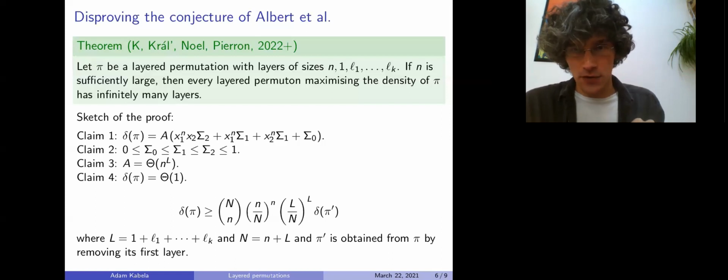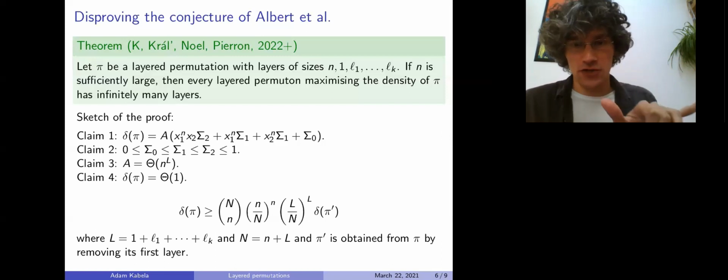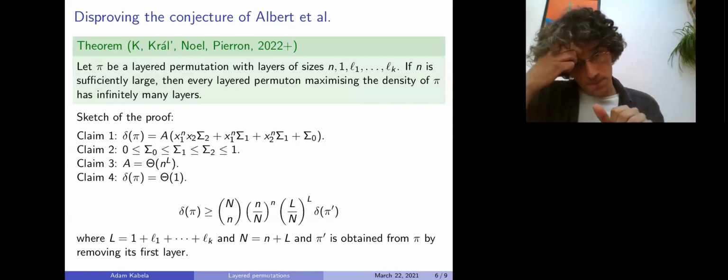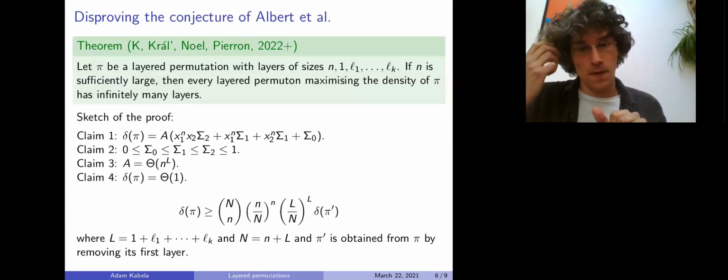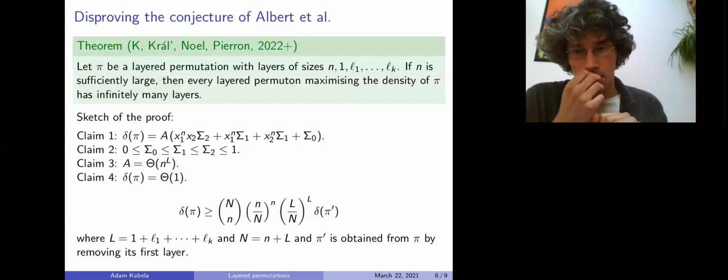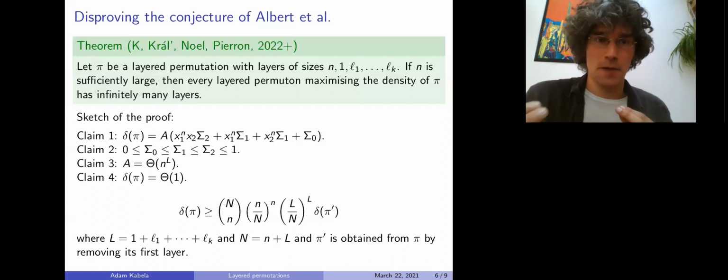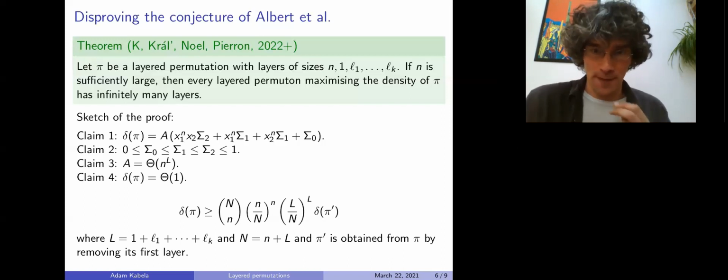So the resulting permuton looks as follows. Its first layer is really long, and the rest is just a rescaled layered maximizer of pi prime. Now think of the resulting permuton and think of sampling pattern pi from that permuton.